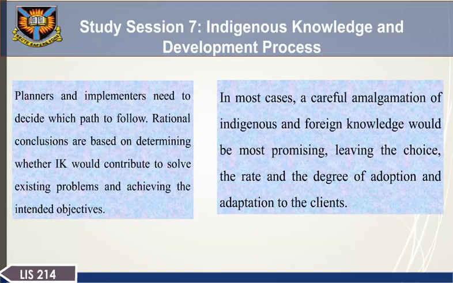Planners and implementers need to decide which path to follow. Rational conclusions are based on determining whether IK would contribute to solve existing problems and achieving the intended objectives. In most cases, a careful amalgamation of indigenous and foreign knowledge will be most promising, leaving the choice, the rate, and the degree of adoption and adaptation to the clients.